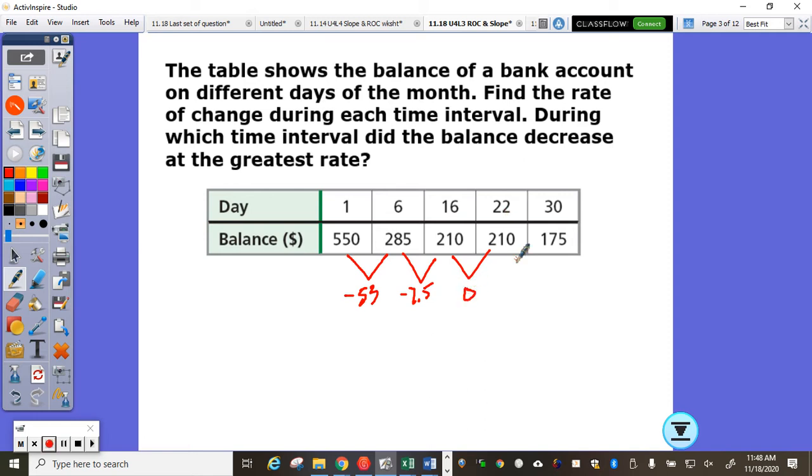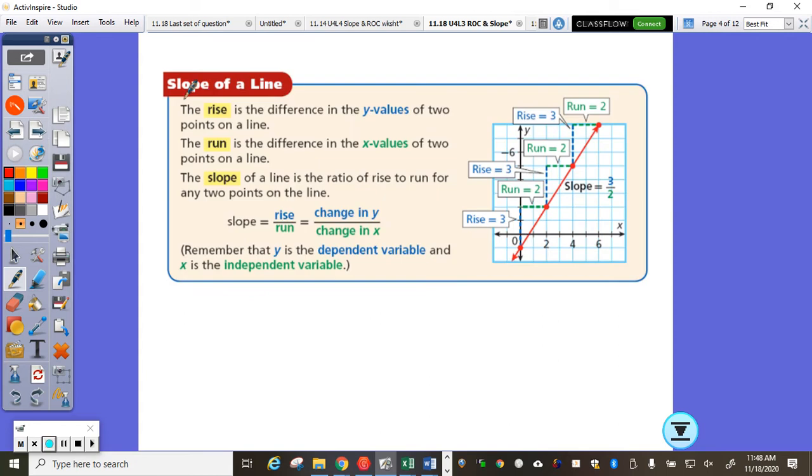And from 22 to 30? So we can see here that the greatest rate of decrease is from day 1 to 6. All right, so that's kind of rate of change. We're just taking the difference in the dependent value over the difference in the independent value.